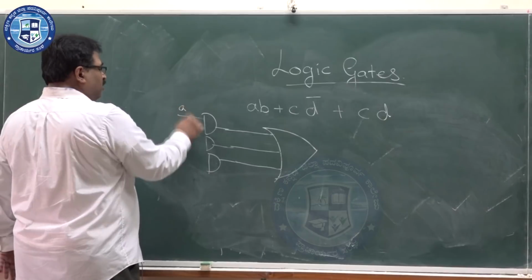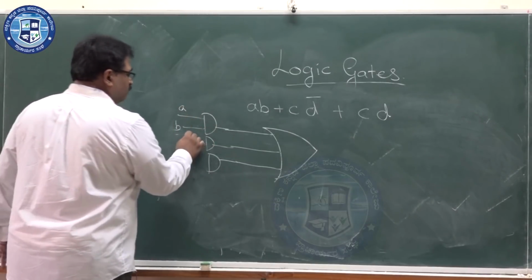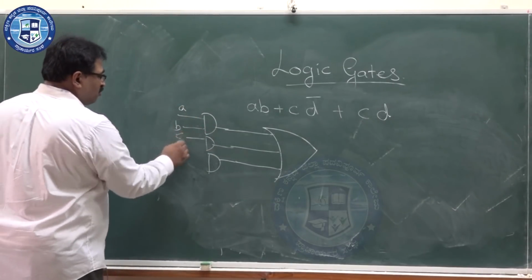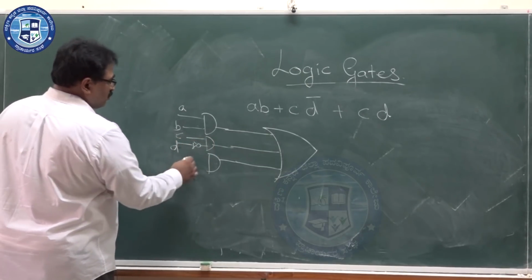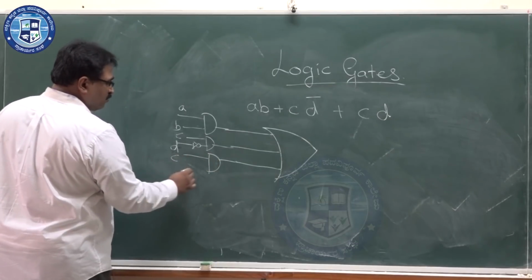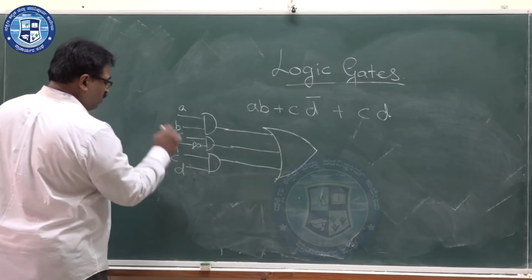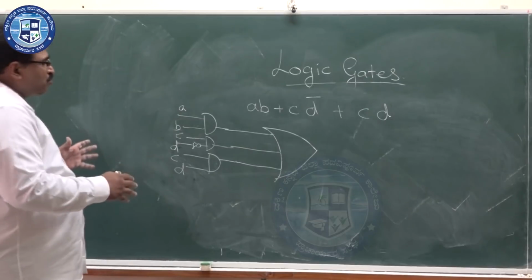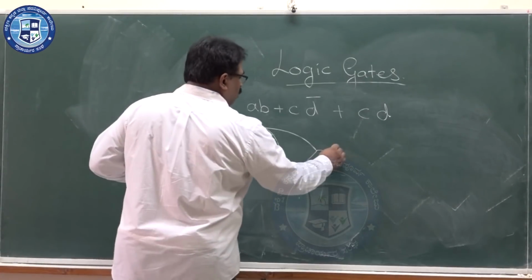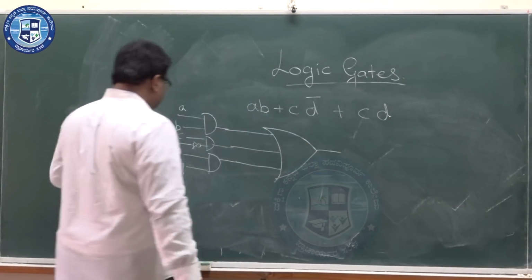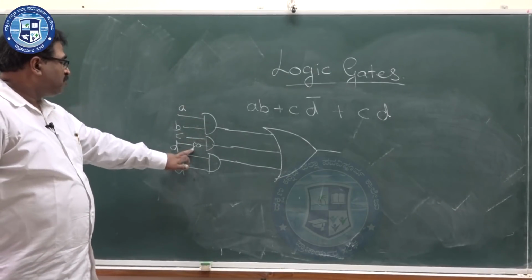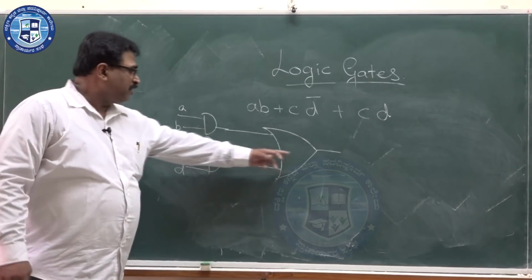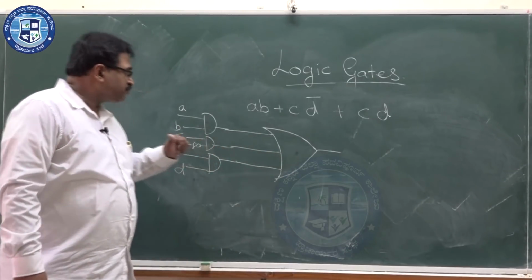So this is A, B, this is C, this is D, this is C, this is D. So this is the circuit we will have, and this is the output. So you can see here I am using 3 AND gates, 1 inverter and 1 OR gate.